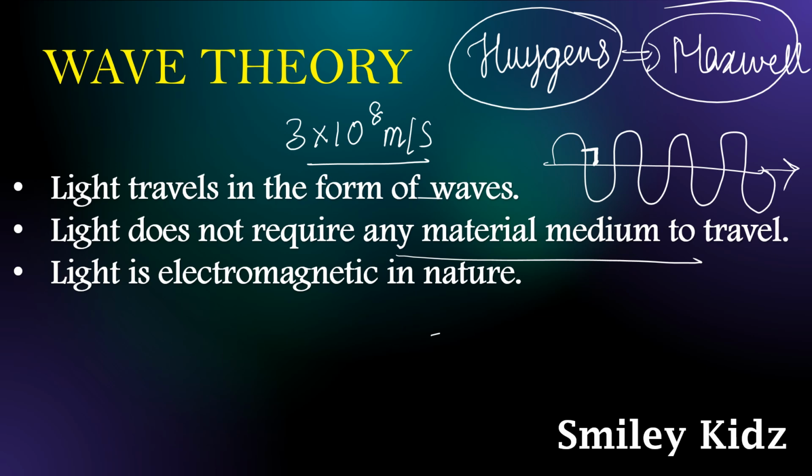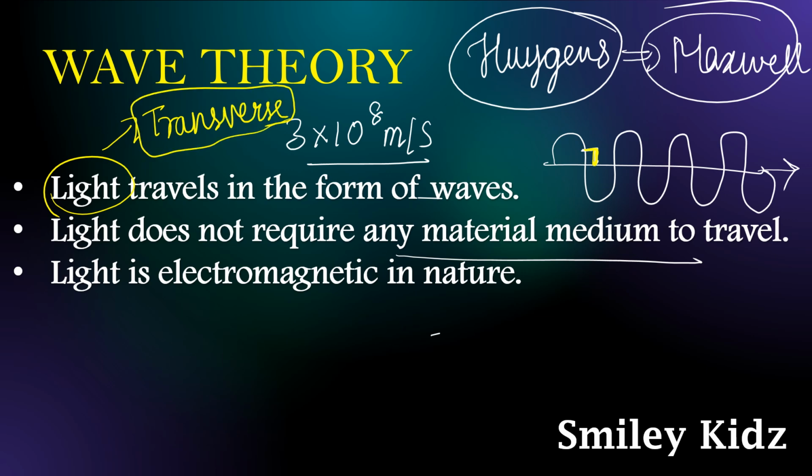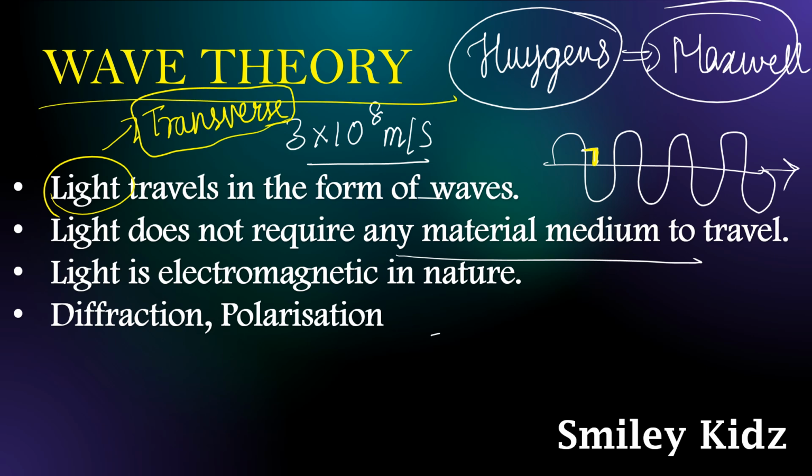This means that the waves of the light are perpendicular to the direction of the wave. Hence, light is a transverse wave. The phenomena like diffraction and polarization can only be explained by the wave theory.